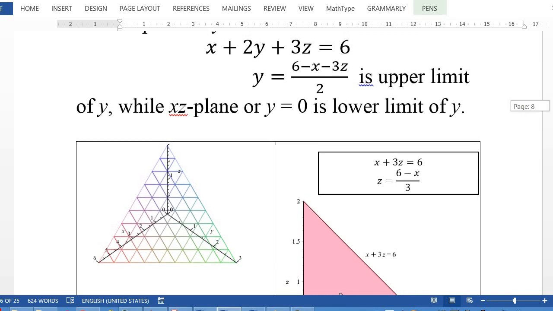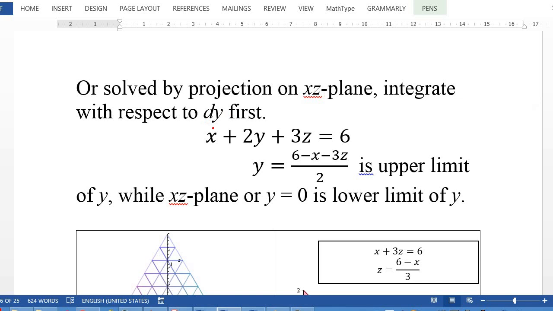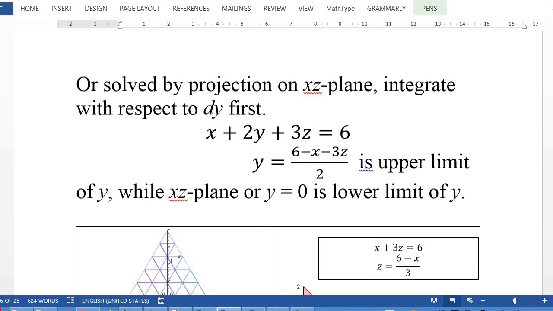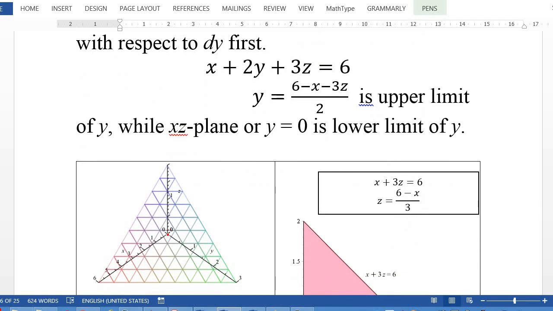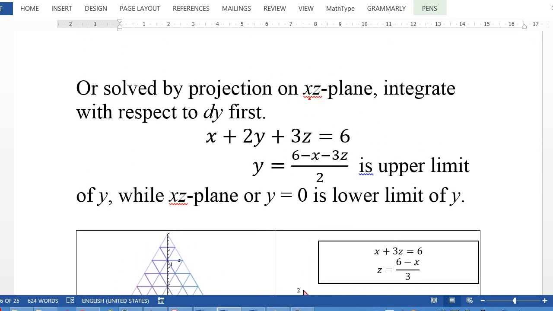Then you integrate with respect to y first. If you view it parallel with the y-axis, you integrate with y first, and the projection will be on the z-x plane here, the z-x plane or x-z plane.